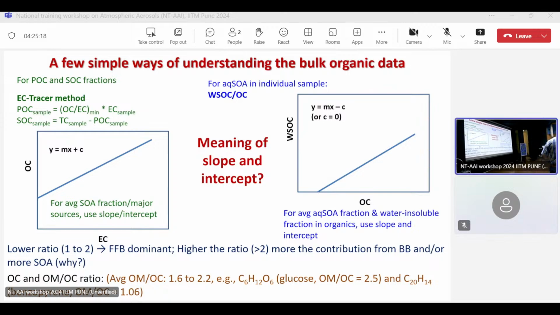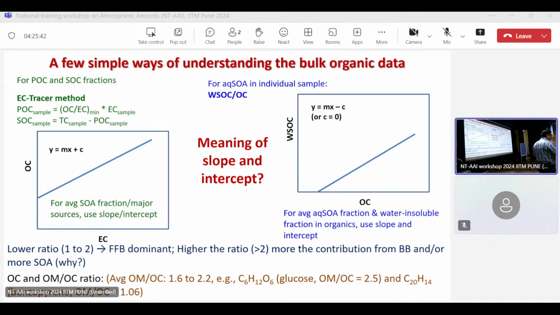But when we convert it to OM, we have to consider it. Where it is important is when you are doing mass balance. From the blank filter and loaded filter difference you got the mass, divided by the volume, you got the mass concentration. Now you are building different species, telling how much each is contributing to the mass. OM is contributing to the mass, not OC. So we have to convert.